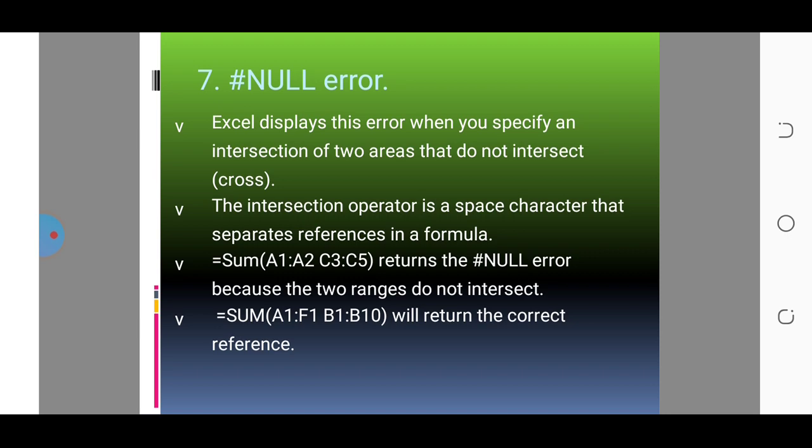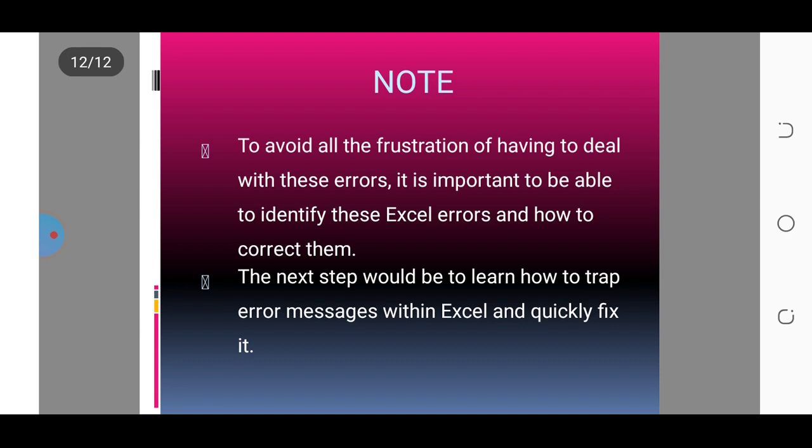But if you have maybe A1:F1 and B1:B10, this can give you a correct reference because these two can easily intersect. So what you need to note about errors: to avoid the frustration of having to deal with these errors, it is important to be able to identify these Excel errors and know how to correct them.